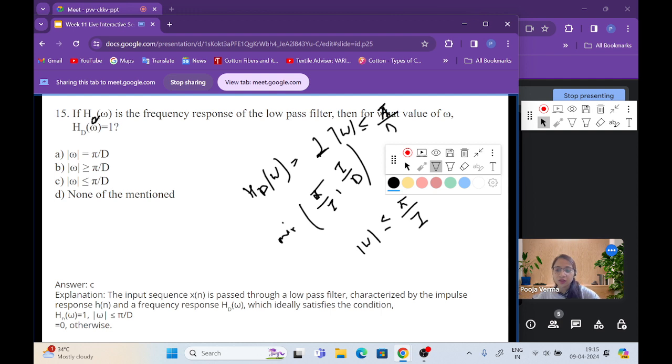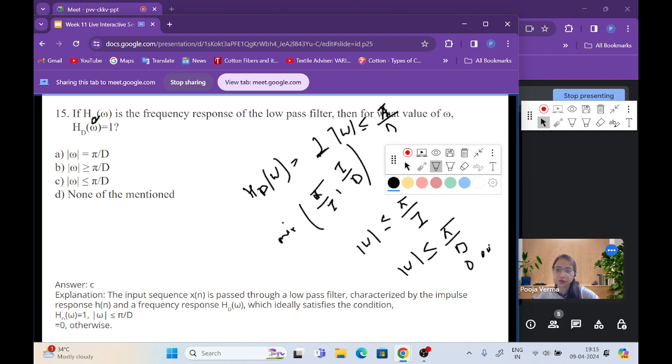Okay. So the input sequence x of n is passed through a low pass filter characterized by an impulse response h of n, and the frequency response Sd of omega is given, which ideally satisfies the condition Sd of omega is equal to 1 for values of omega, mod of omega less than or equal to pi by D, or 0 otherwise.